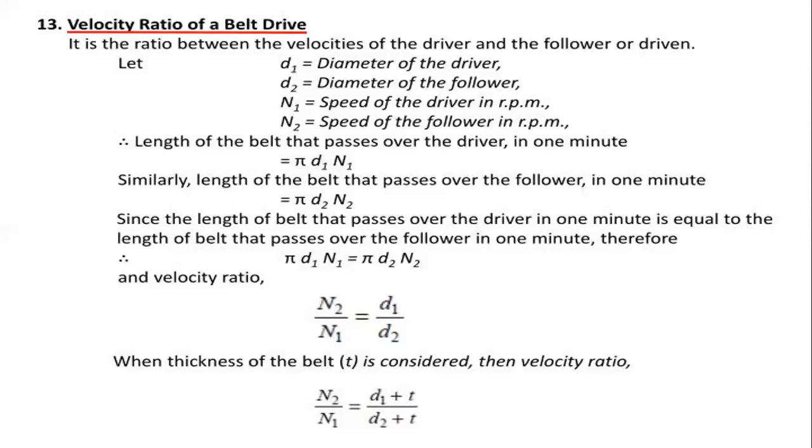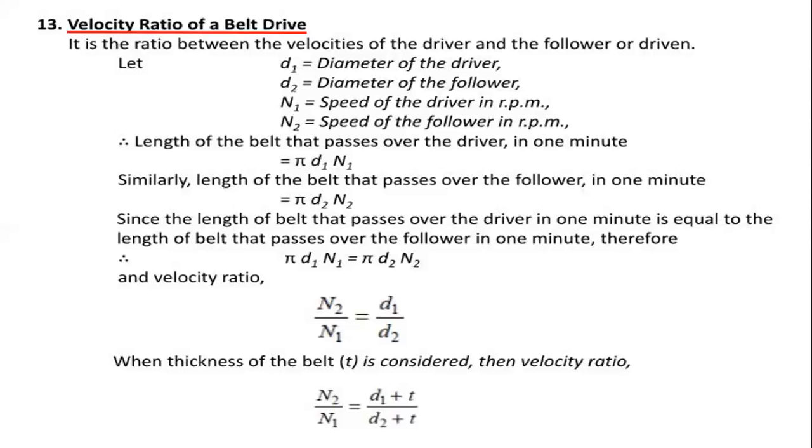And next, capital N1 is the speed of the driver in RPM, and capital N2 is the speed of the follower in RPM.